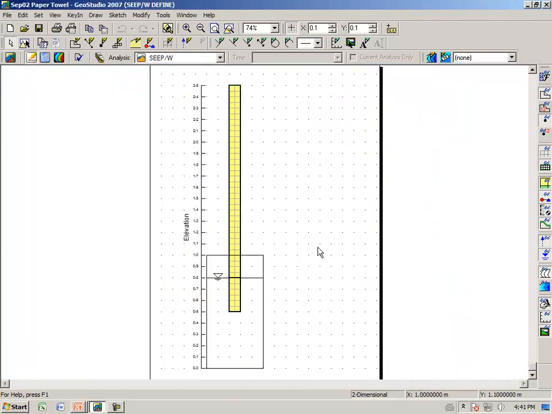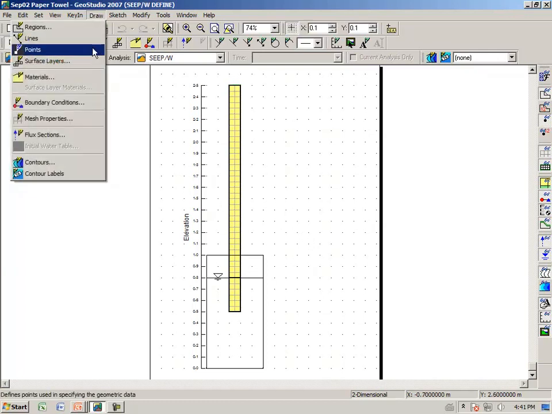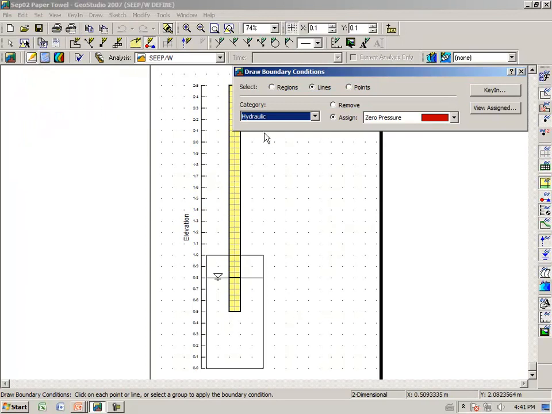Now we have to do one other thing, and that is define a boundary condition. I know we're jumping ahead of ourselves here, but for the time being, simply go draw a boundary condition, and from this drop-down list here, you will see the orange boundary condition called water in the glass, and we need to assign this boundary condition.